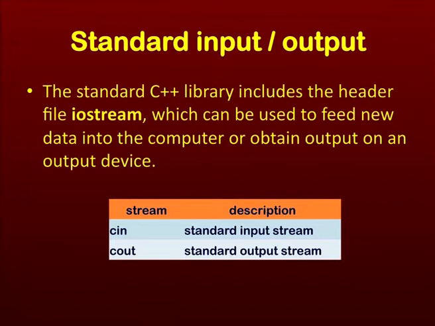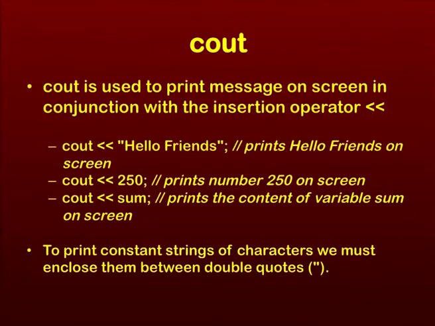The standard stream we use is cin, which is used for inputting the data, and cout is the standard output stream. The cout is used to print messages on screen in conjunction with the insertion operator <<. These two less than symbols are used for insertion of the data which is taken from the device, which can be a keyboard in general or any other device also.